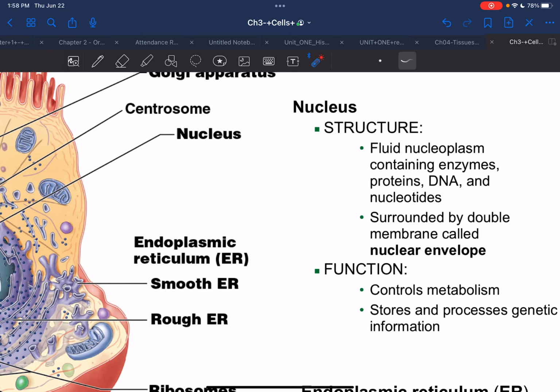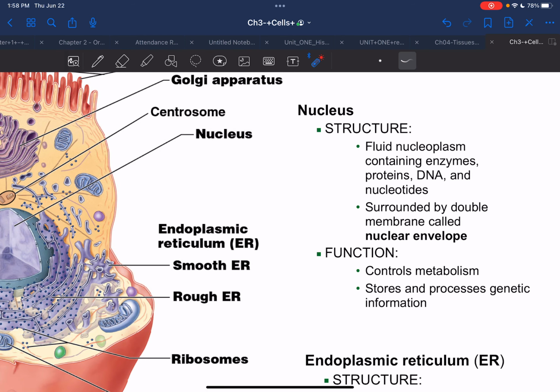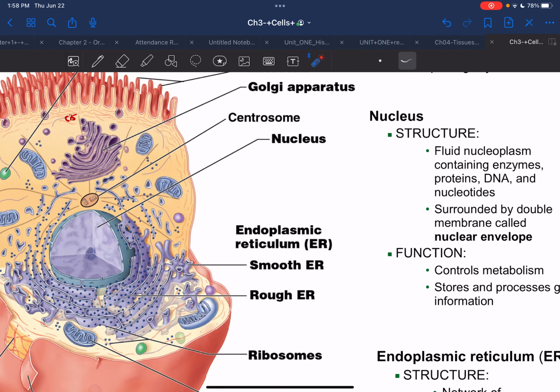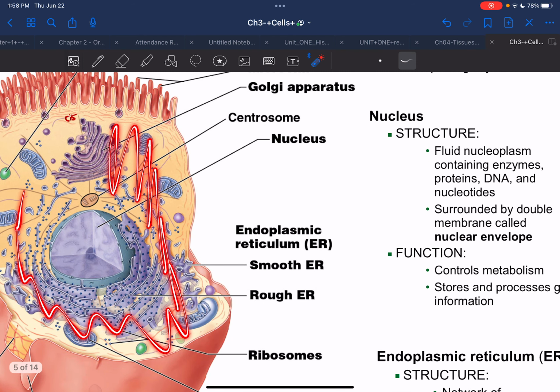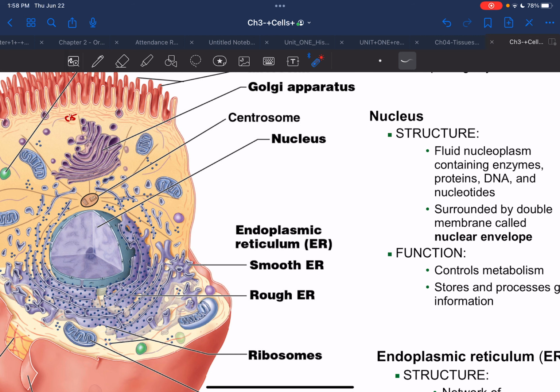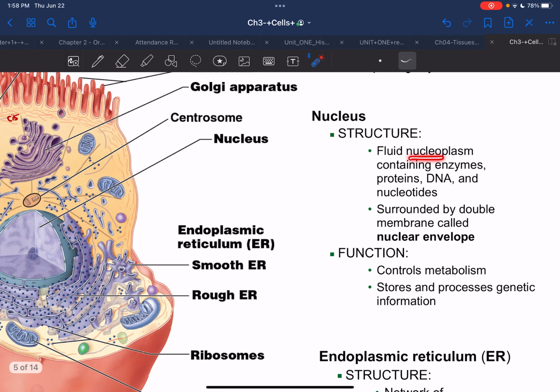For now, what we need to know is that it also has its own fluid inside, and we saw the fluid inside the cell was called cytoplasm. That's the fluid outside in this space. But the fluid inside of the nucleus is simply called nucleoplasm. So you can see that plasm tends to refer to fluid.